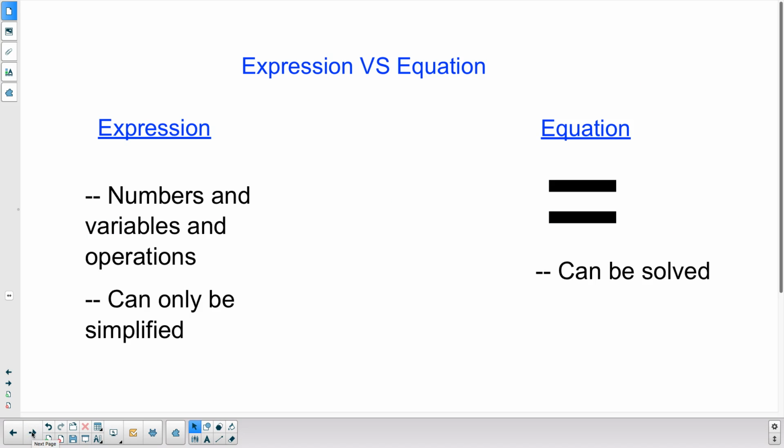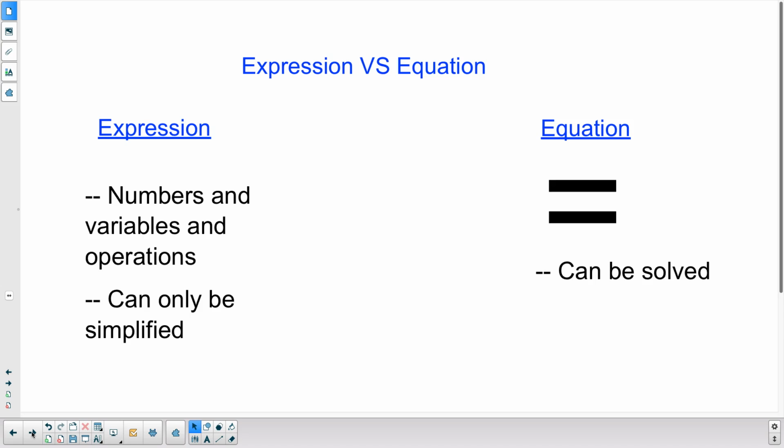Difference between an expression and an equation. What's the big difference between an expression and an equation? The equal sign. Expressions are just that, just an expression. You can't do anything with them other than simplify them.